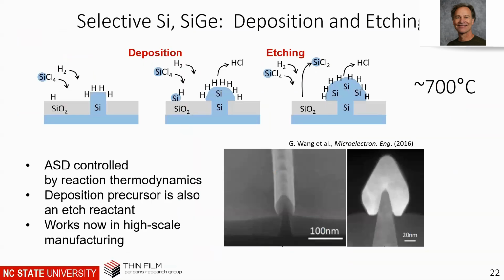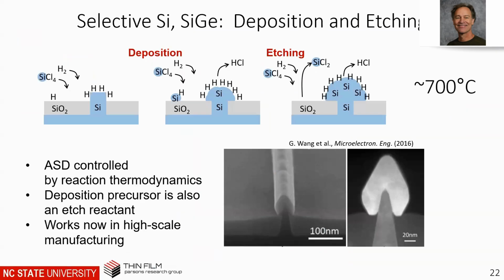This is something that people have been working on since the 1960s. People discovered in the 1960s that you could take silicon and do a selective deposition of silicon on silicon without a reaction on silicon oxide.